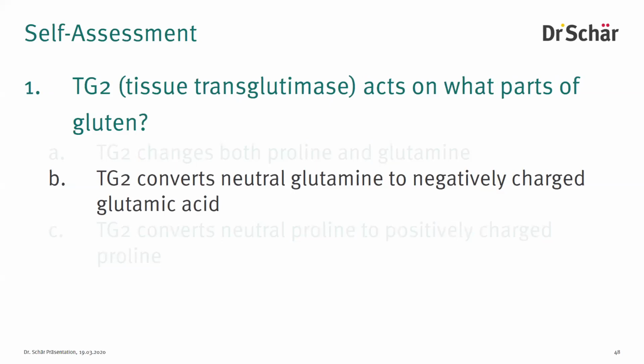It's released into the intestinal mucosa and causes enzymatic modification of the gliadin peptides. TG2 deamidates the peptides and causes an enzymatic change that unmasks the most immunogenic epitopes of gliadin. By increasing the expression of negative charges, this increases the affinity to bind to the genetic markers HLA-DQ2 and DQ8.